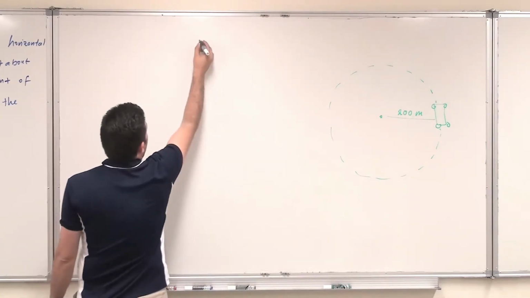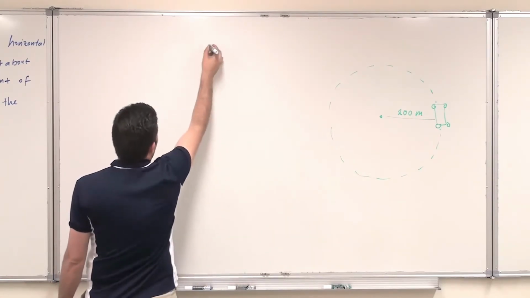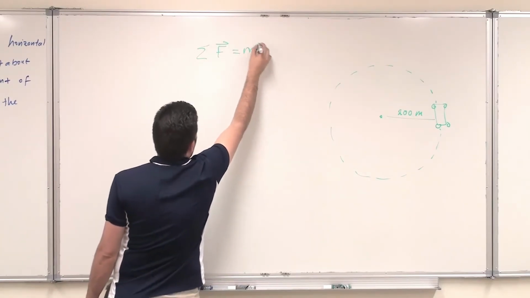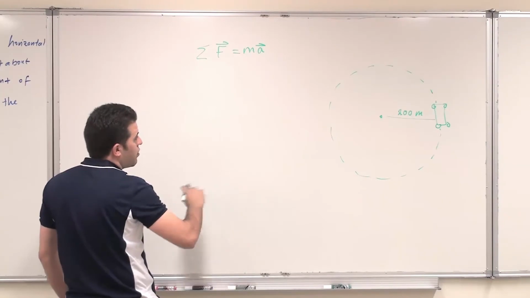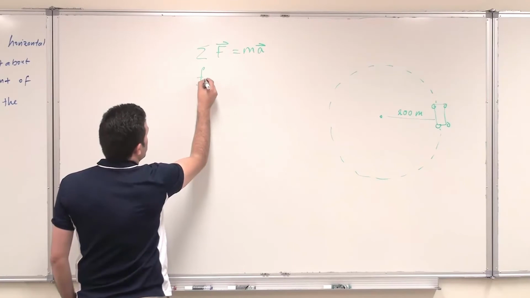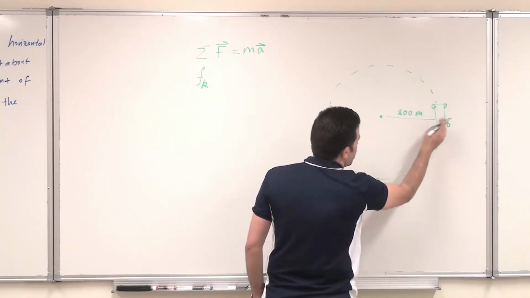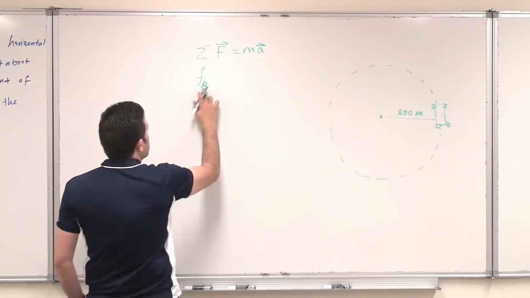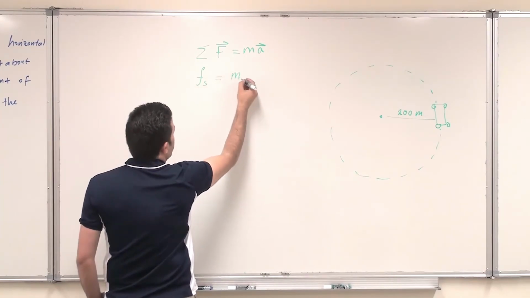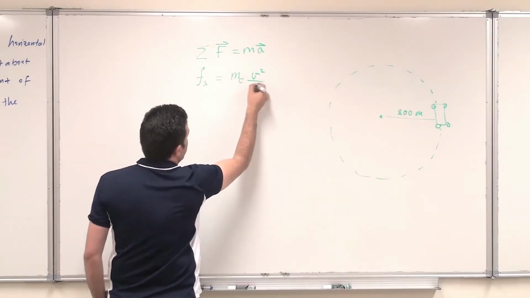So here, to find such unknowns, we can use Newton's second law, sigma F equals ma. And because it's horizontal, the only horizontal force affecting this car will be the force of friction. Of course, static friction. It has to do with the direction of motion relative to the circle. So static friction should equal the mass of the car multiplied by the centripetal acceleration, which is v square divided by r.